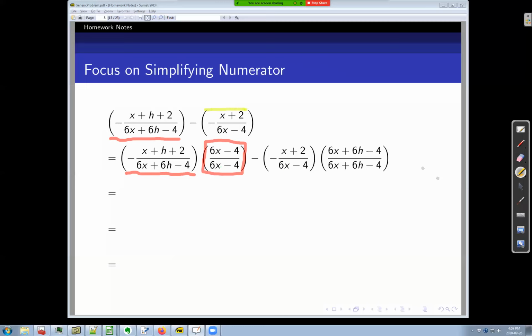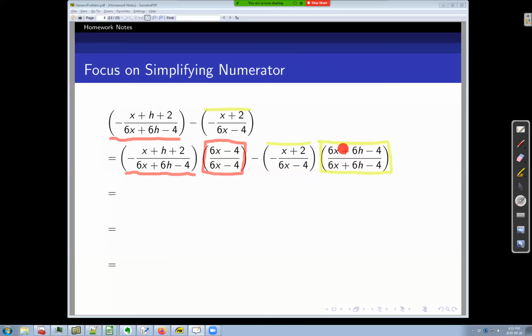And then here's the same fraction again, and I'm going to multiply the top and the bottom of that fraction by the thing in the yellow box. Hopefully it's not a mystery where those things came from, because 6x minus 4 is the denominator of the second fraction. So I'm multiplying the first fraction by the denominator over the denominator of the second fraction.